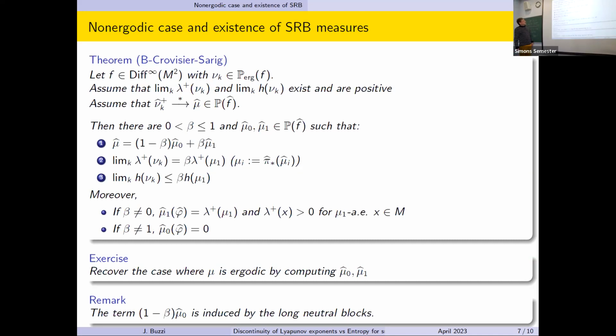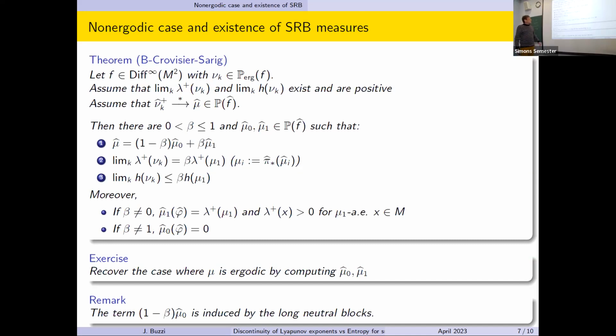And we also assume that the top Lyapunov exponent and entropies converge. Okay, so that's free. What is not free is the assumption that these limits are positive.